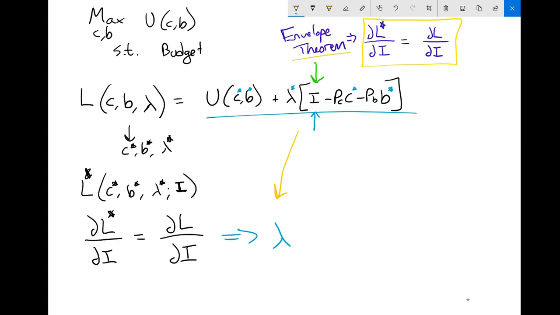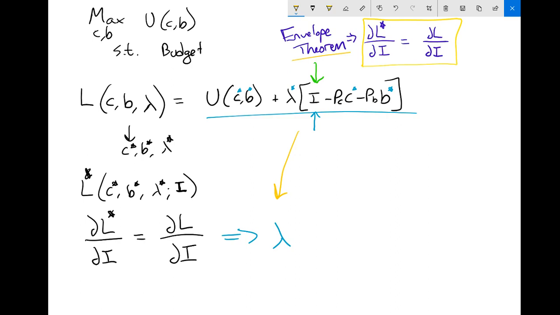Because it becomes quite easy for me to ask a question of, okay, how does a change in a parameter affect an agent's optimal utility? Well, I will just use the envelope theorem to determine that.